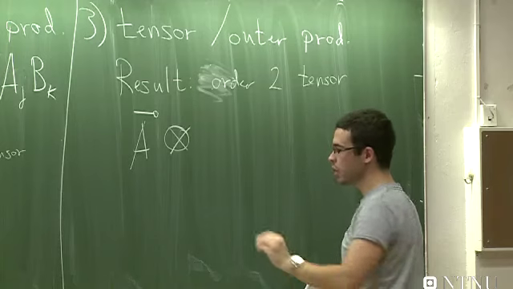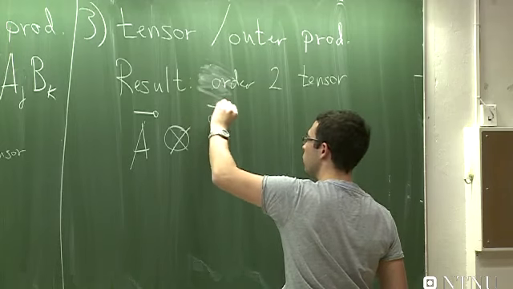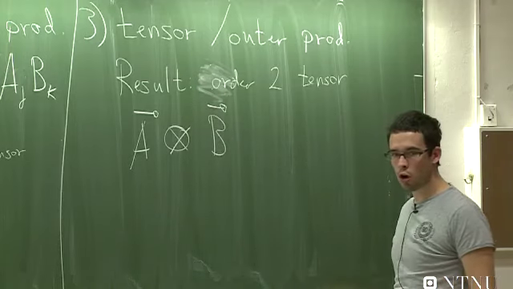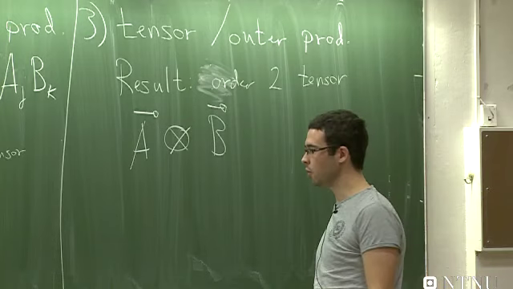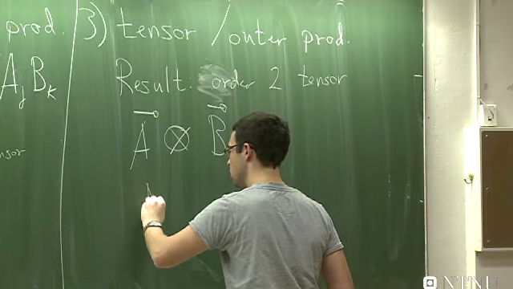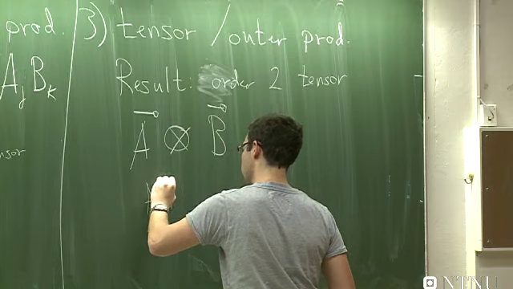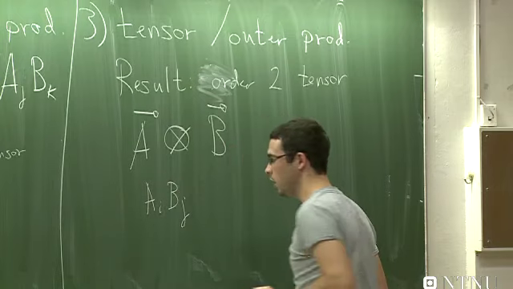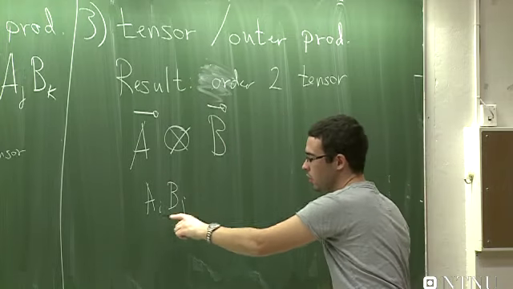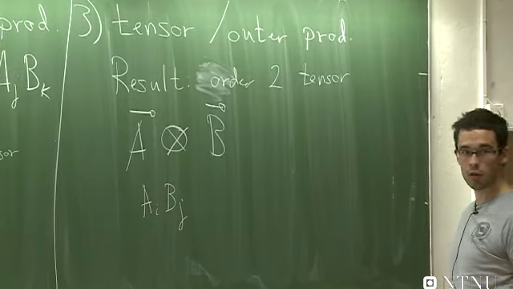A circle with a cross in it. And more compactly, we can just write it as the product of the components, Ai Bj. Now you'll notice that these indices are different, so it's not a summation anymore, right?